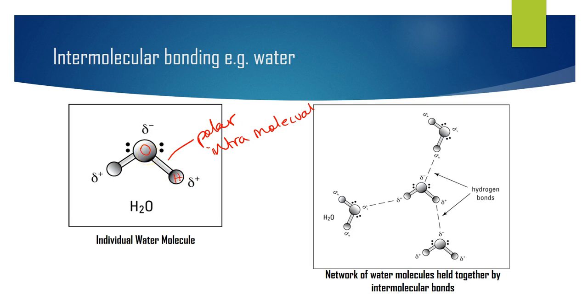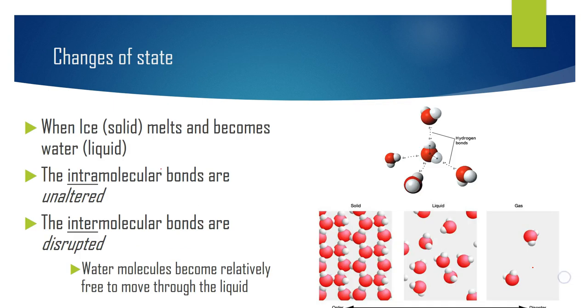Water is held together by these intermolecular bonds between water molecules. So when it changes state, going from a solid to a liquid or a liquid to a gas, it is these intermolecular bonds that are broken in a phase change.